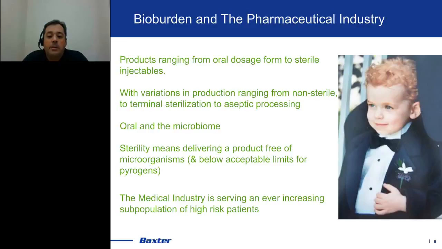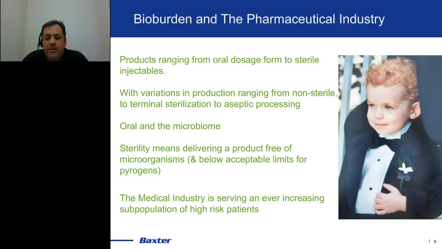All right, so going a little bit more into the pharmaceutical industry, there's quite a wide array of pharmaceuticals that are made. You are probably familiar with a number of them. There are oral dose forms, topicals, other different medications, and sterile injectables are some of probably the most challenging of those when it comes to a microbial control standpoint.